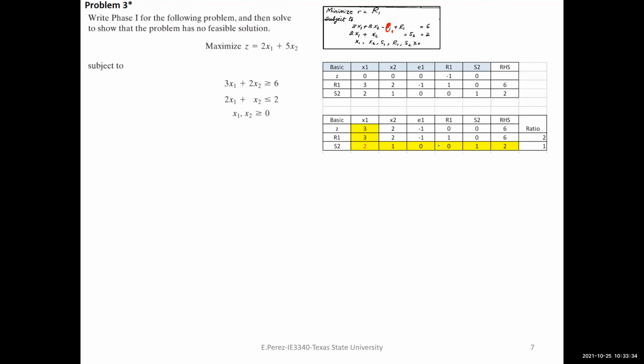So you set up your initial tableau, right? You are minimizing the summation of the artificial variables. Once you set up your initial tableau, you need to make sure that this is consistent, so we are going to make this equal to 0.